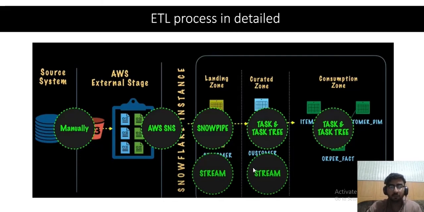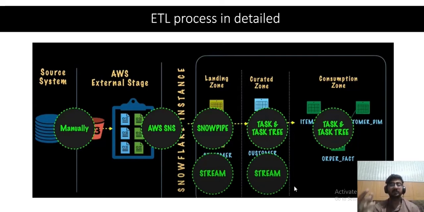But what if new files keep coming inside landing zone? What will happen? We need to make sure that we are only applying transformation to the new data which is coming inside landing zone. We don't want to duplicate our data. We don't want to keep applying transformation on the old data as well. So that's why we are using stream again.